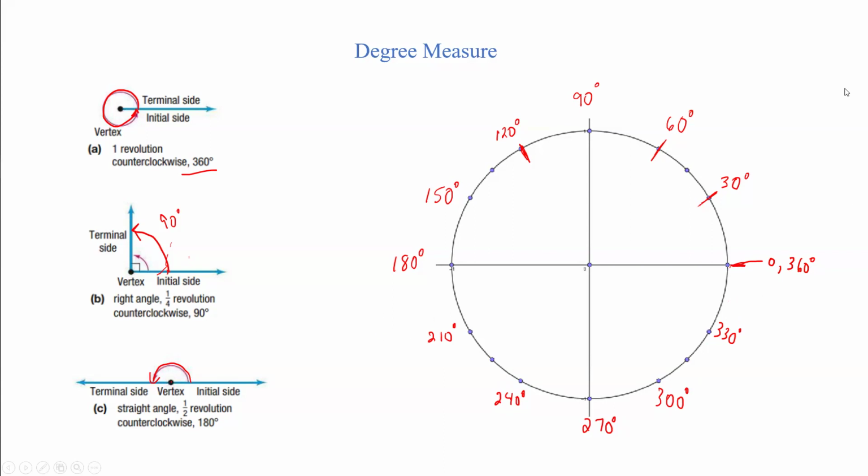Oh, well, while I'm at it, another friendly divisor of 360 is 45 degrees. So we can fill this out even more. Halfway to 90 is 45 degrees. 45 more is 90. We've already got it. But now we don't have this split in half here. So if I add another 45 degrees to the 90, then I'm going to get 135 degrees. Add another 45 degrees to that, and we hit the 180 again.